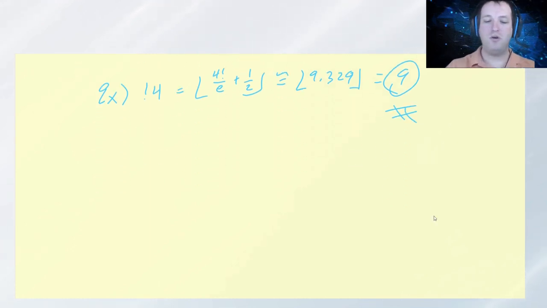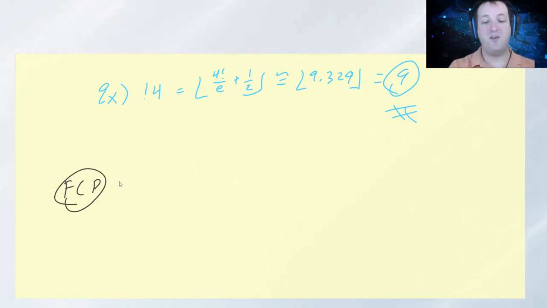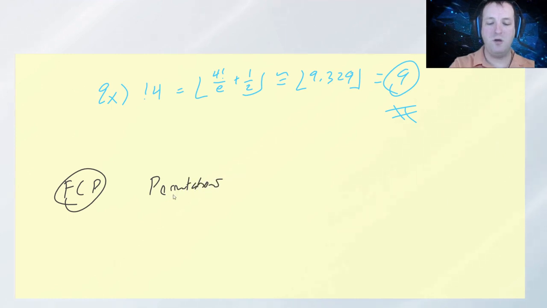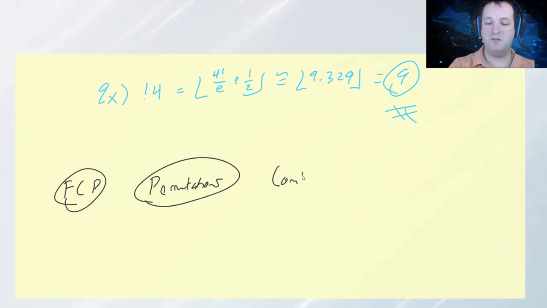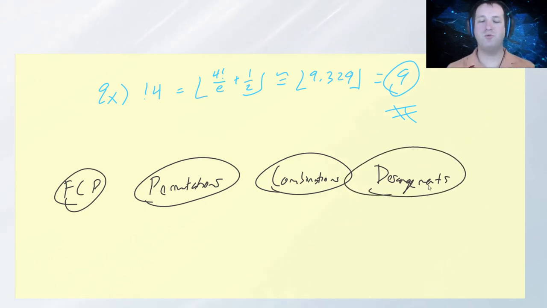Okay, so those are our 4 relationships that we usually use for counting. So we have our fundamental counting principle, then we have our permutations, then we have our combinations, and then we have our derangements.